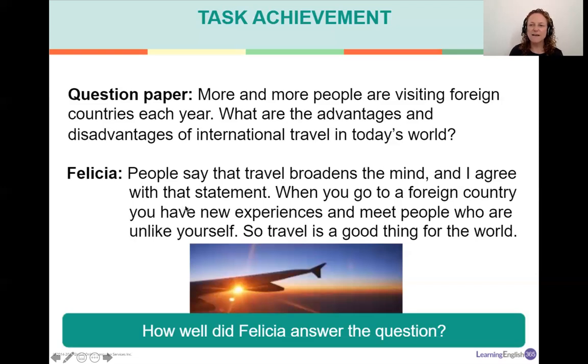Felicia never mentions any disadvantages. She just talks about why it's a good thing, why travel is a good thing. She doesn't answer the question in its entirety. So this answer would score poorly in terms of task achievement because it doesn't answer the question in full.